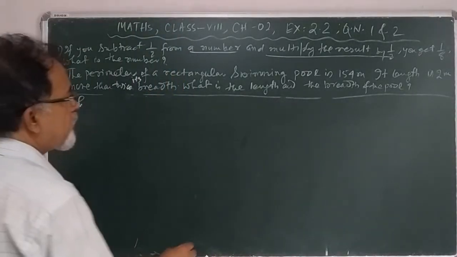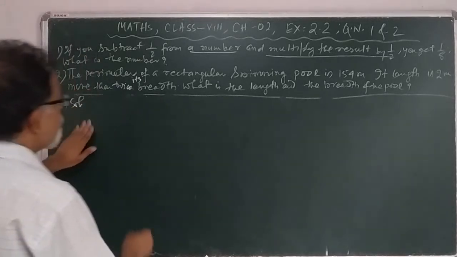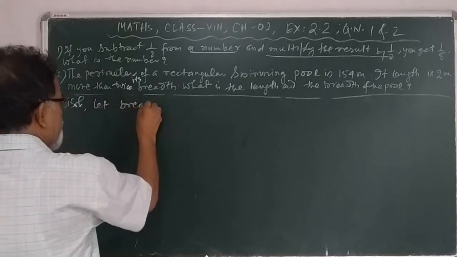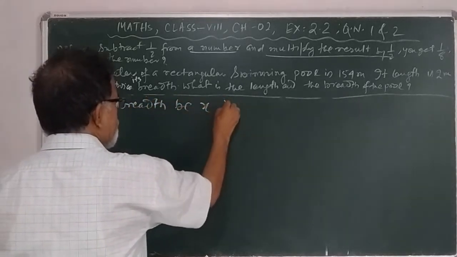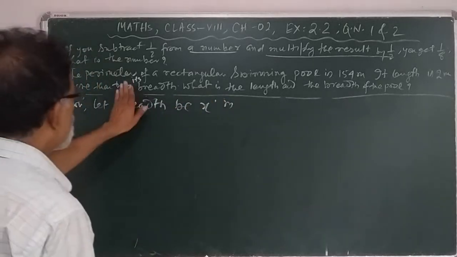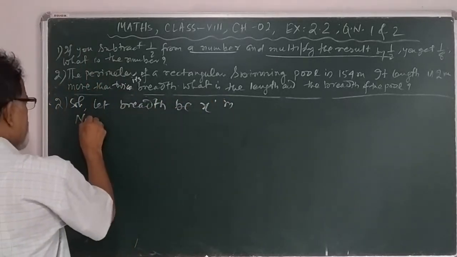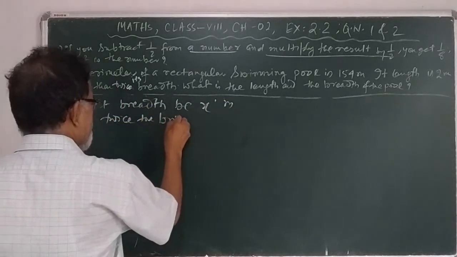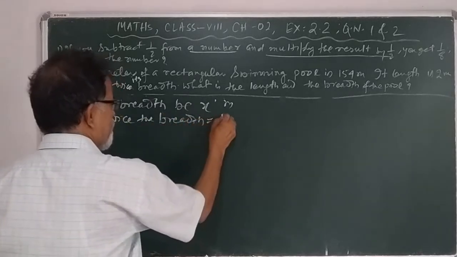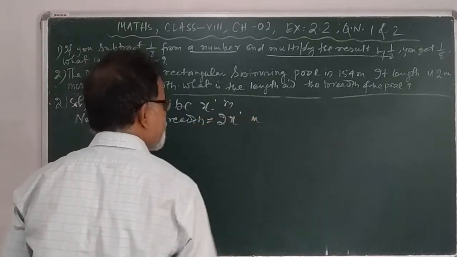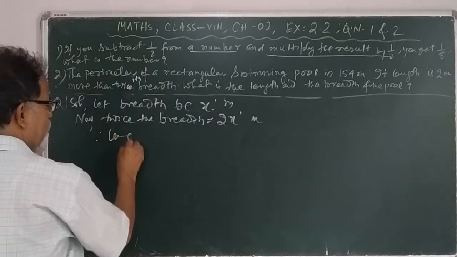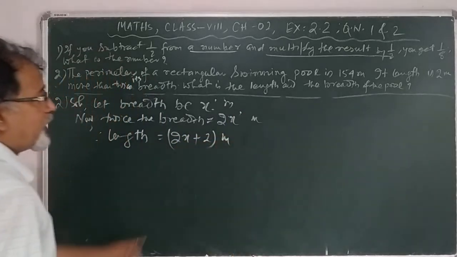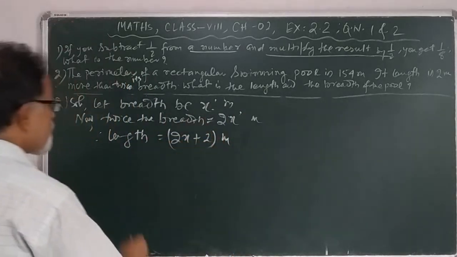And therefore, in order to find the length and breadth, I am going to assume breadth as x. Let breadth be x meter. Now, twice its breadth equal to 2x meter. Therefore, length is equal to 2x plus 2 meter, because the length is 2 meter more than twice its breadth.